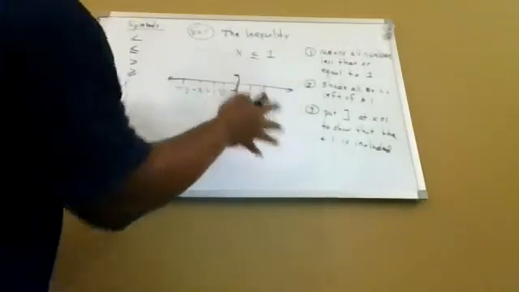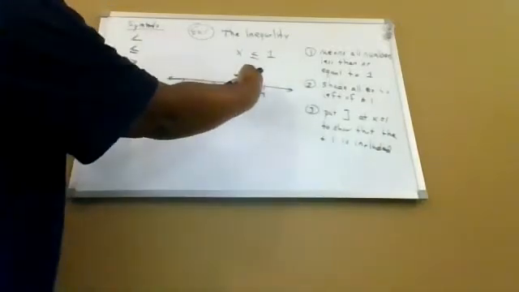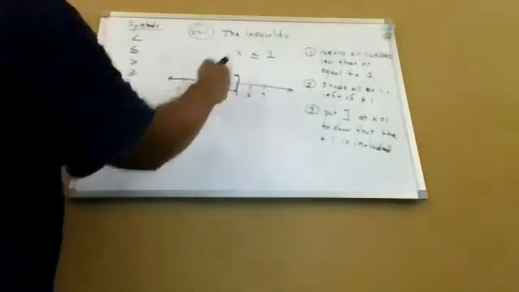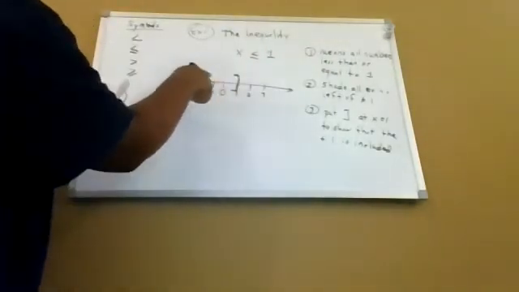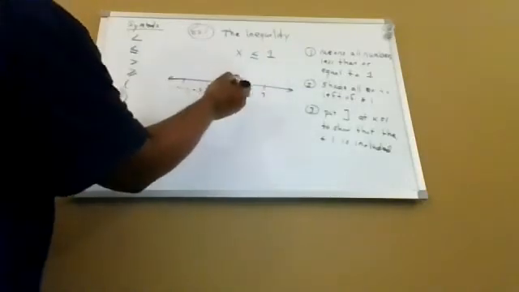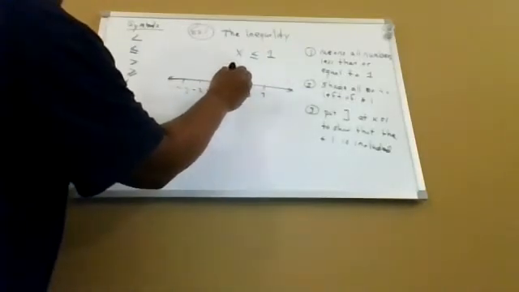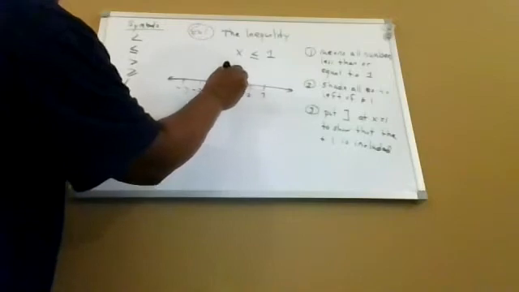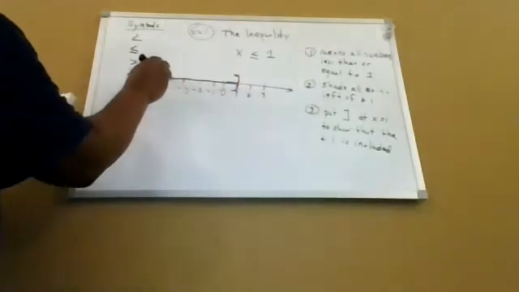And now we want everything that is less than 1. So 0 is less than 1, -1 is less than 1, -2 is less than 1, -3. So now we want to draw an arrow all the way to the left.